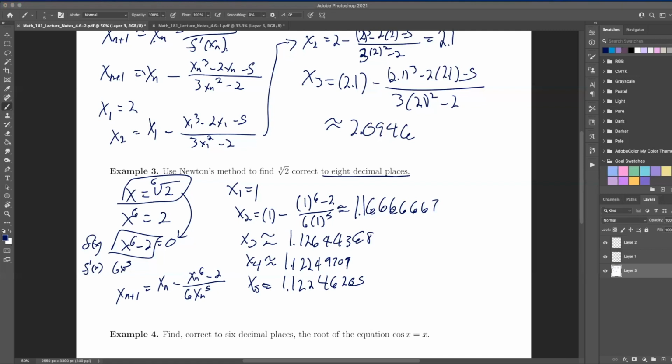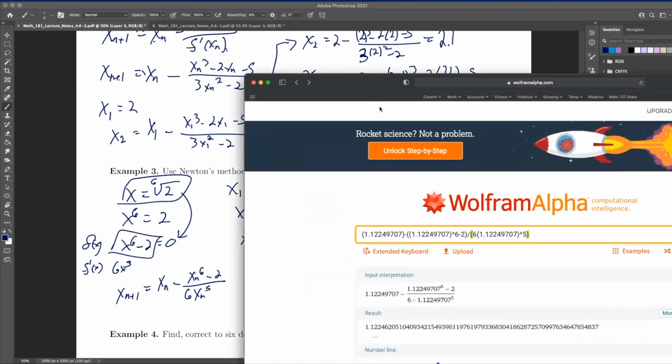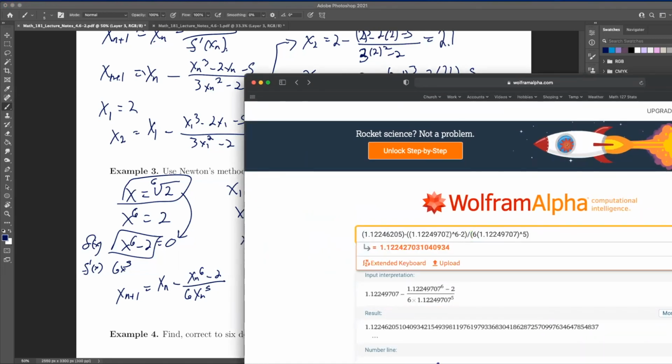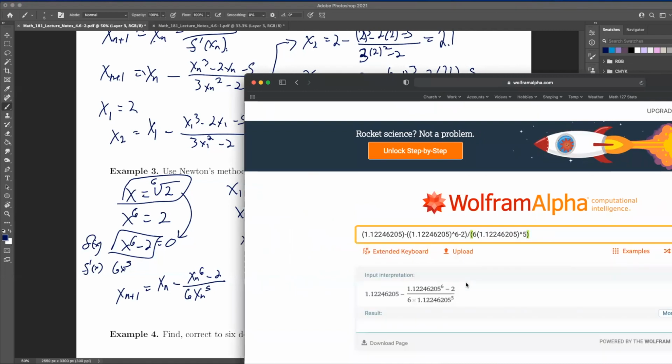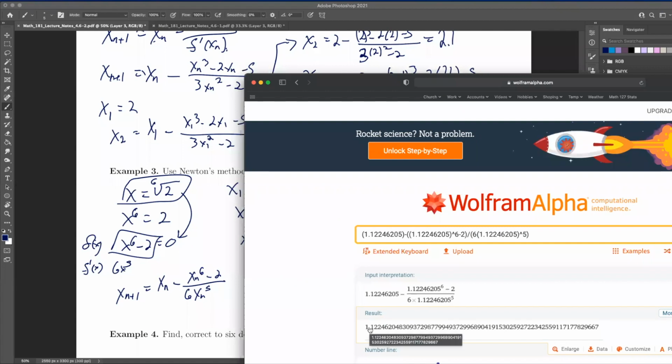All right, and let's go back and let's just type in the next one. Boop. Boop. Boop. And notice how this one rounds to the same answer, 1.1224605. That rounds to the same one.